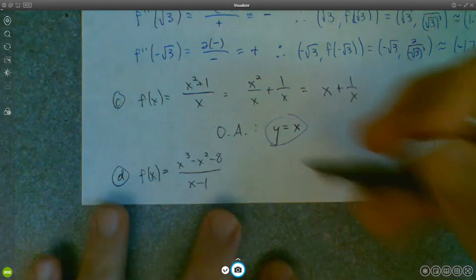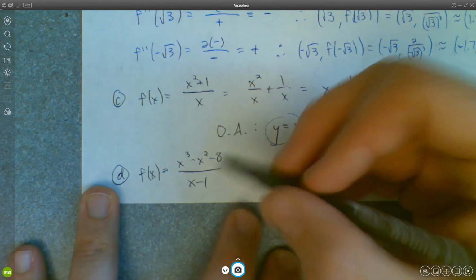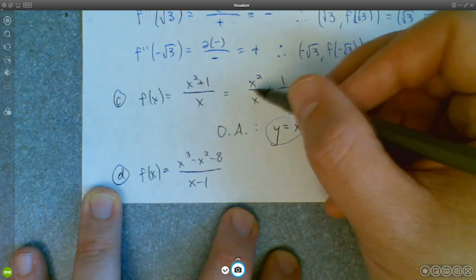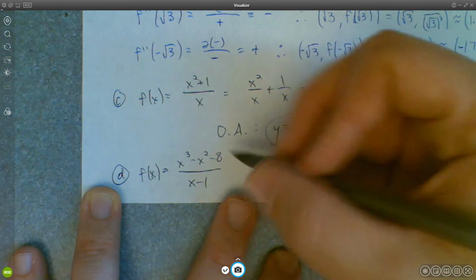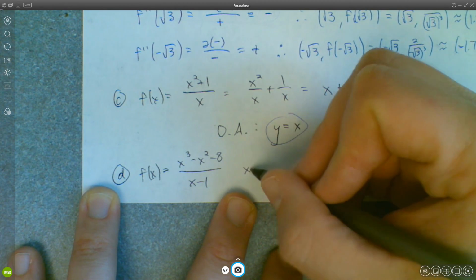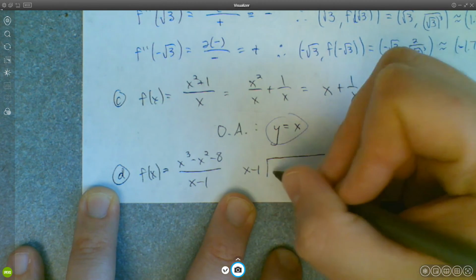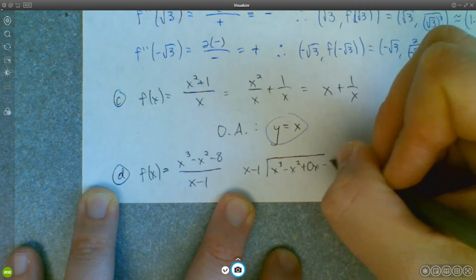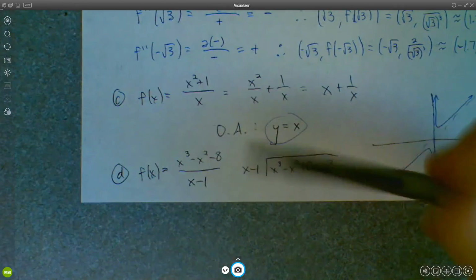To find it, you would have to do long division, because this one, unfortunately, you've got a binomial in the denominator, so you can't just split it the way that we did the previous one. You'd actually have to say, x minus 1 into x cubed minus x squared plus 0x minus 8, and then go through the long division.